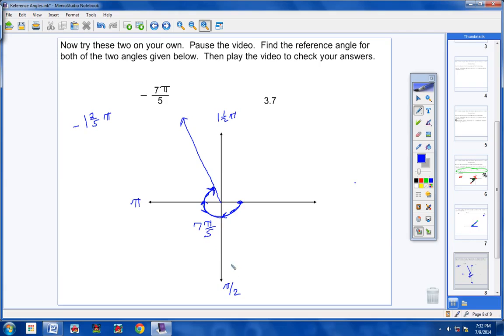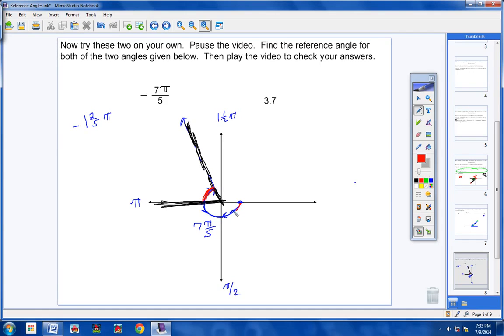Now think about that, students. Come on. So we went 1 2/5 pi, and we left this little space right here. Now, in order to find the reference angle, it's always going to be the angle between the terminal side right here and your x-axis right here. So we want this little angle right there.